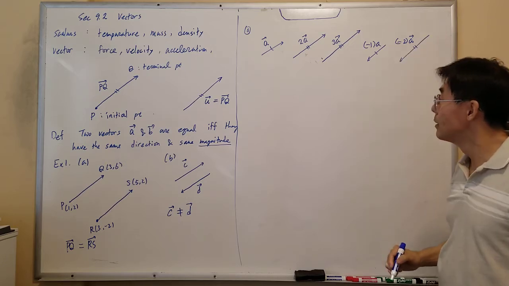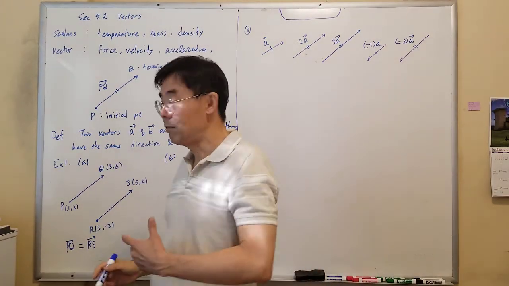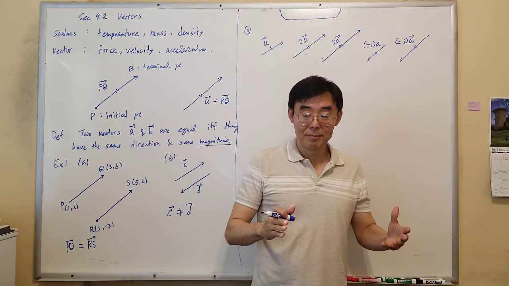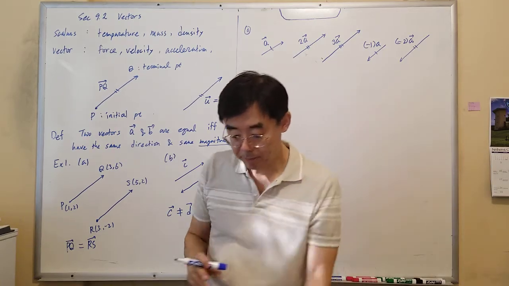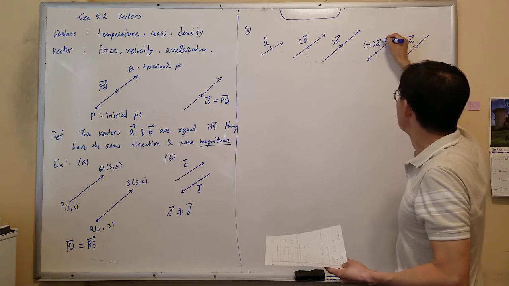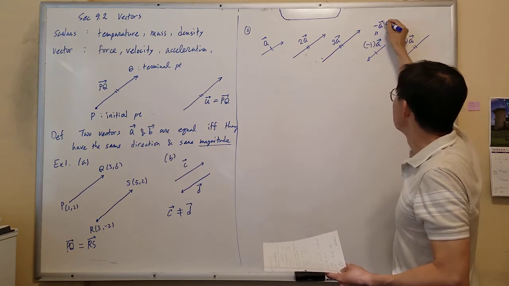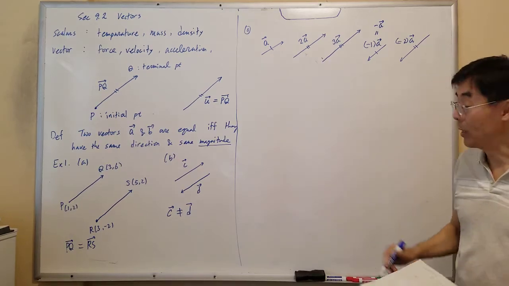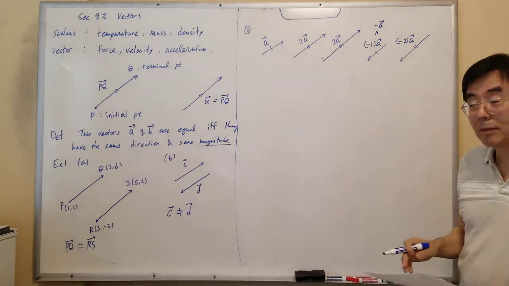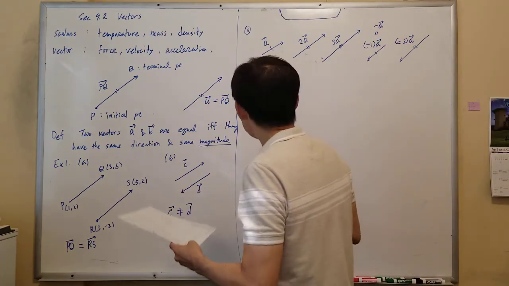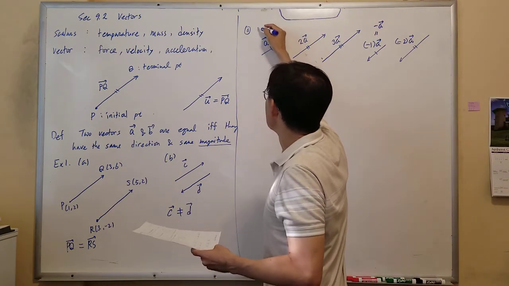So that's how we define scalar multiples of vectors. Now, this one, we write it just as minus vector A, the additive inverse of vector A. Well, we'll define what addition of 2 vectors is. Okay, so that's constant multiplication.